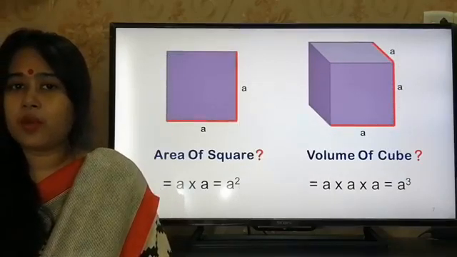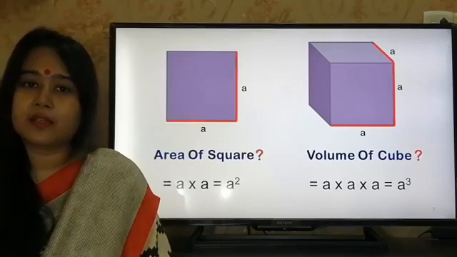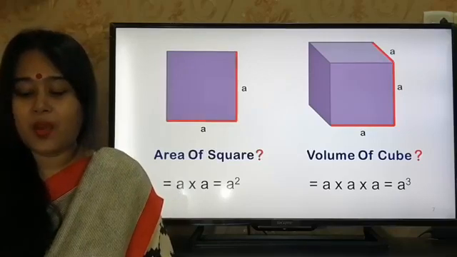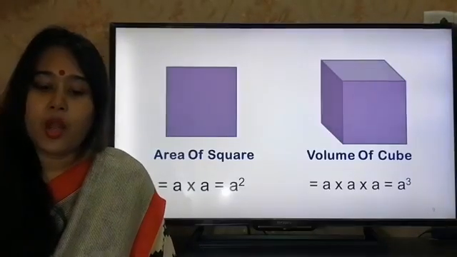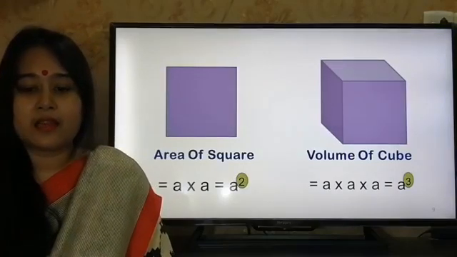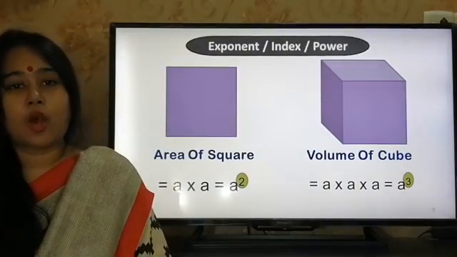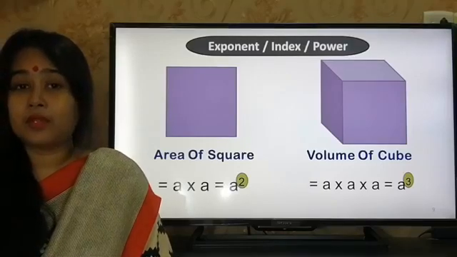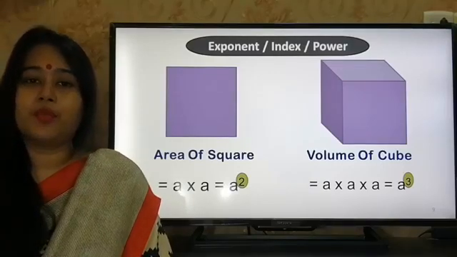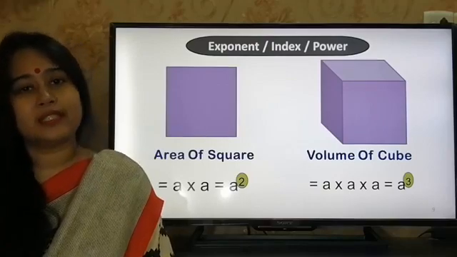Can you tell me what exactly these numbers indicate? Well students, these numbers are nothing but exponents. Or we can say these are index or power or exponent. And in our today's class, we will explore these exponents.